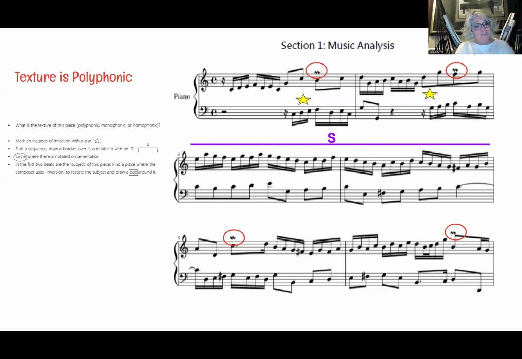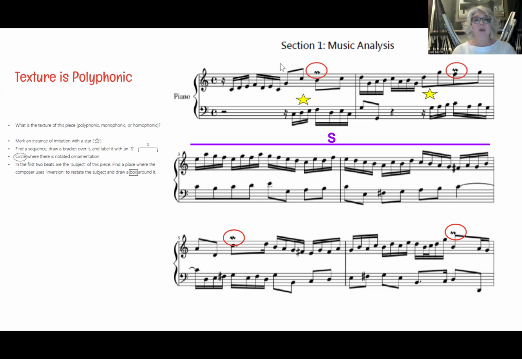You invert yourself. So when we're looking for inversions, we're looking for this subject to basically be flipped upside down. And so we need to determine where that is.